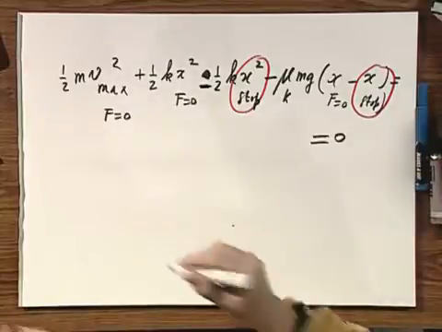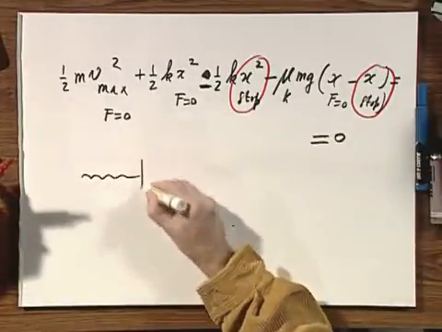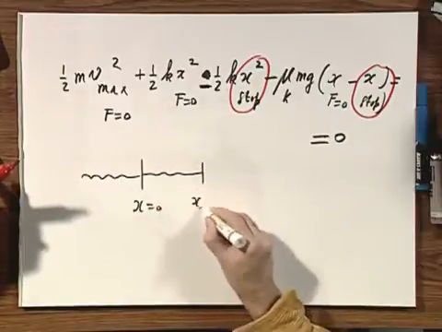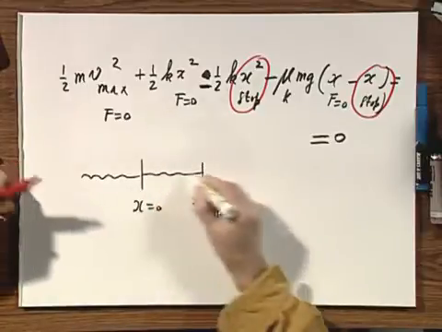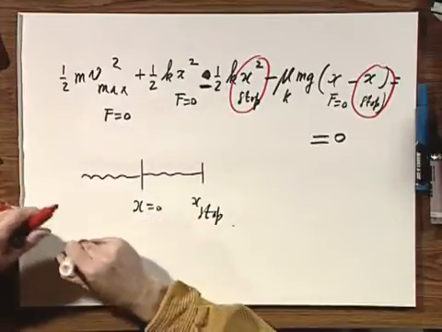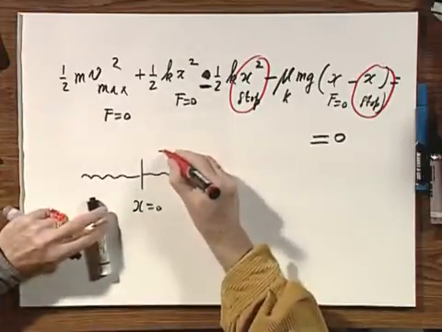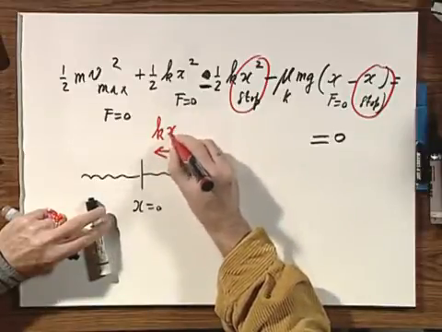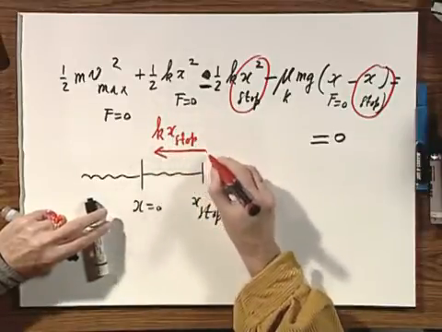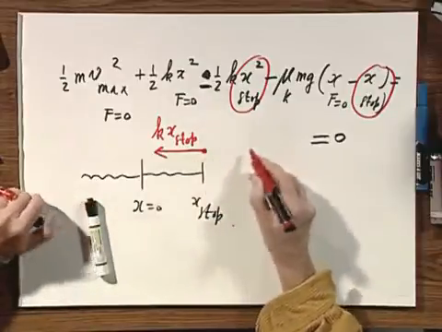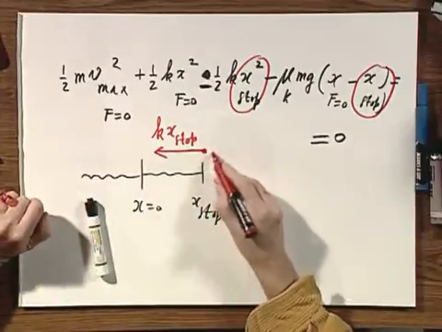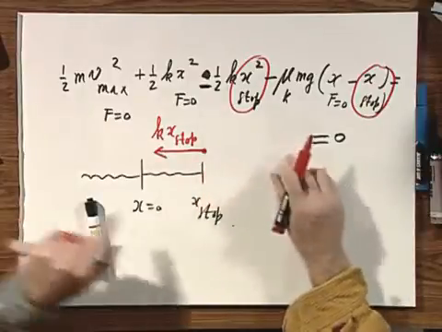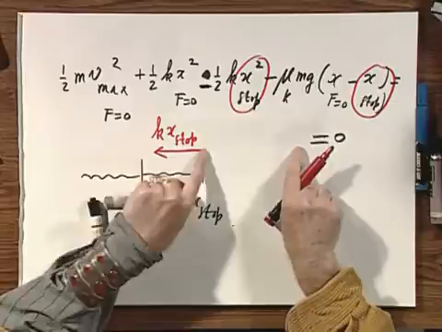What will be the situation when it comes to a halt? Here is x equals 0. Here is x_stop, which we know is on the right side of x equals 0. At this moment, there will still be a spring force, and the spring force will be k times x_stop. And so what now will be the situation with the frictional force? As it was coming in and decelerating this object, the frictional force was larger than the spring force.